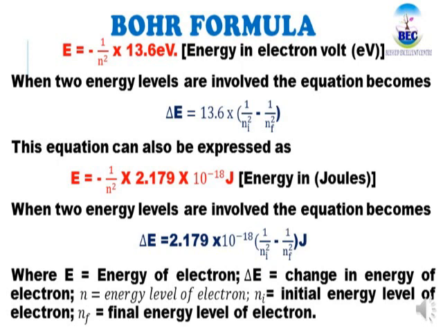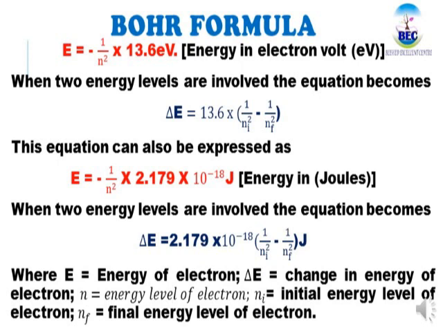This equation can also be expressed as E equals minus 1 over n squared times 2.179 times 10 exponent minus 18 joules. That is the unit of energy.